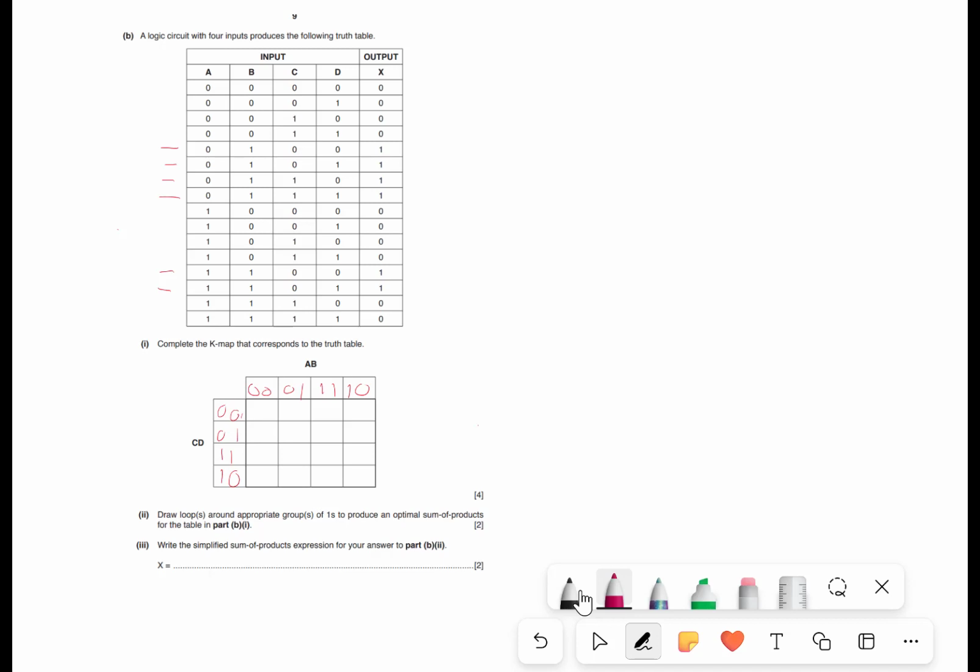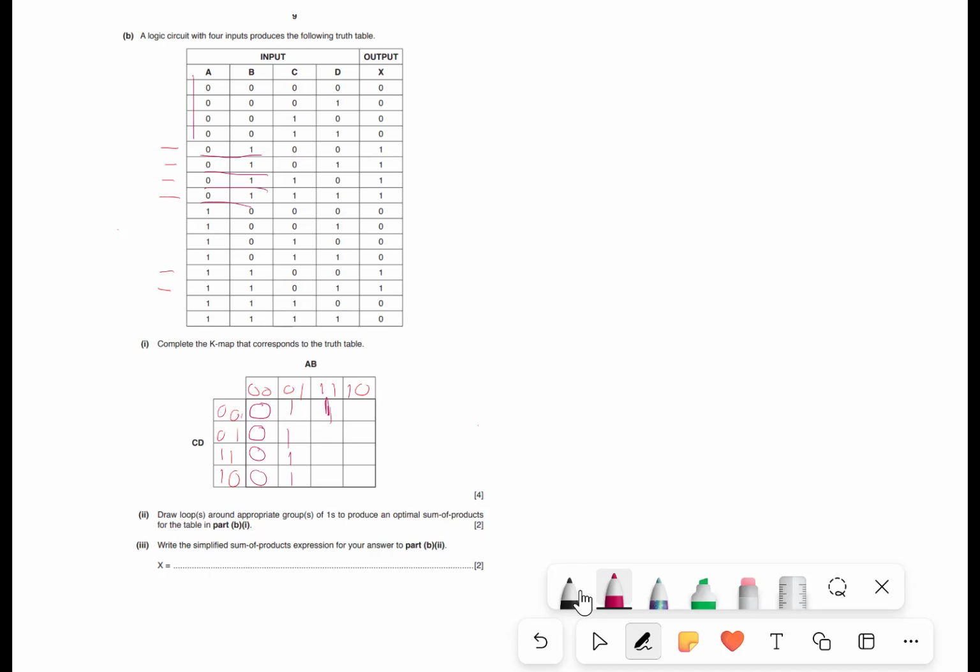So if A, B is 0 and C, D is 0, we get 0. If A, B is 0 and C, D is 0, 1, it's 0. So we're basically looking at V's at the moment. All of these are zeros. If we've got 0, 1 for A, B, it's always giving us a 1, so I'm just going to put 1 here. If we've got 1, 1, 0, 0, it gives us a 1.